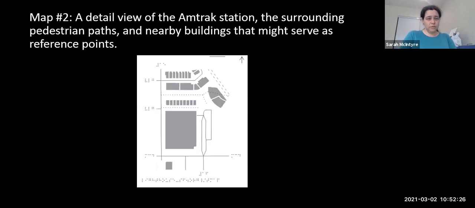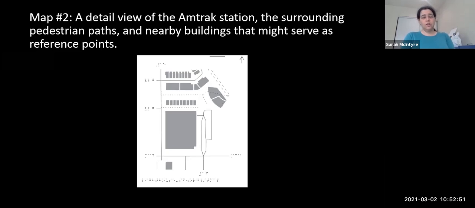Next slide, please. The first of the detail views was of the Amtrak station, the surrounding pedestrian paths, and then a few nearby buildings that I thought could serve as reference points. This was prior to buildings being removed from the Tmap, before we started having problems with them. And in her case, this was a fantastic thing.